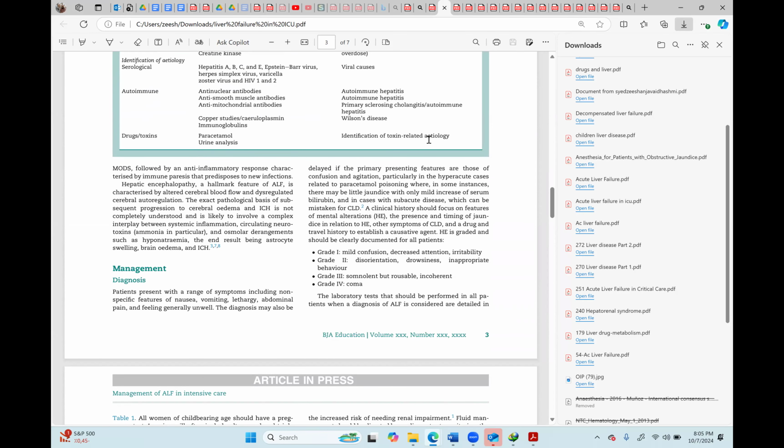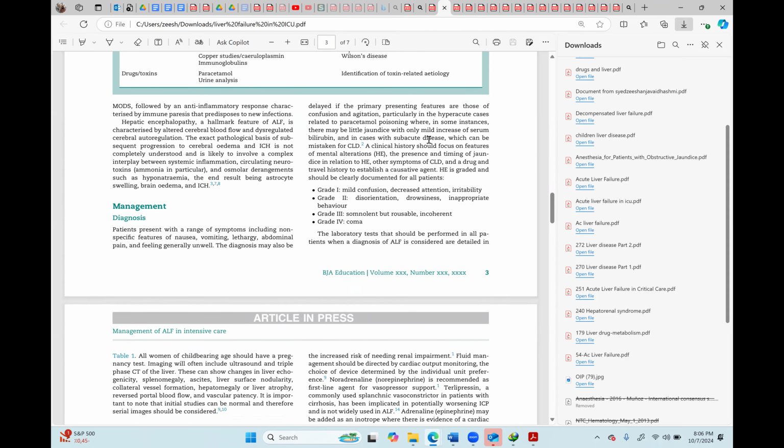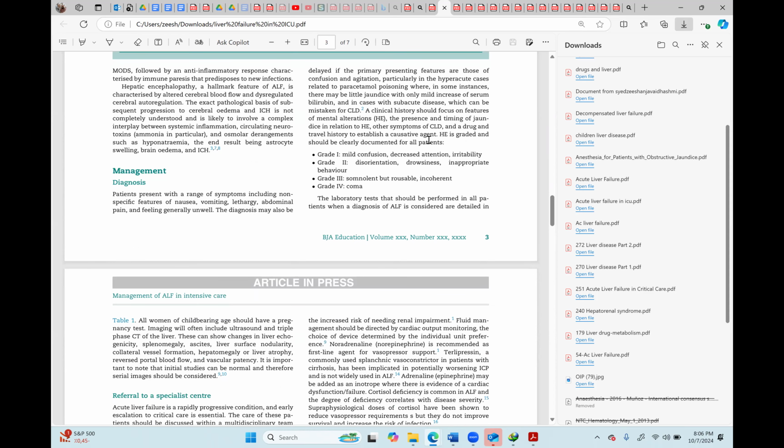Sir, I think first we have to start from ABCDE management. Very good. Then we'll find the cause and treat accordingly. Then third, sir, acute liver failure has some scores, and according to the score, we can shift the patient to a liver transplant unit.